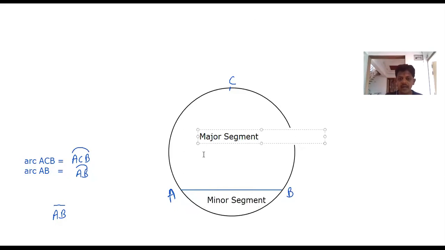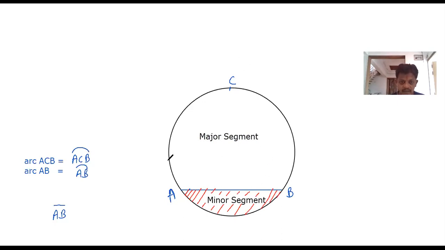So I'm just going to shade that area. This area, the region between chord and the arc. This is a minor segment.